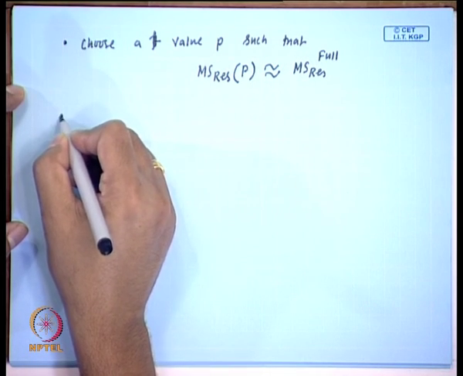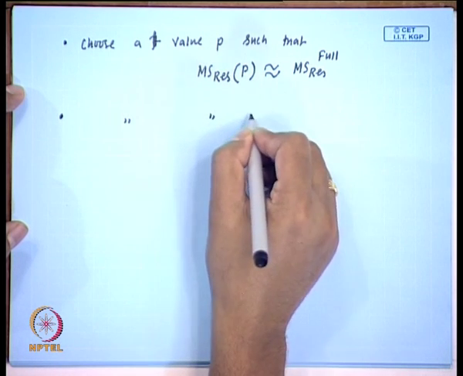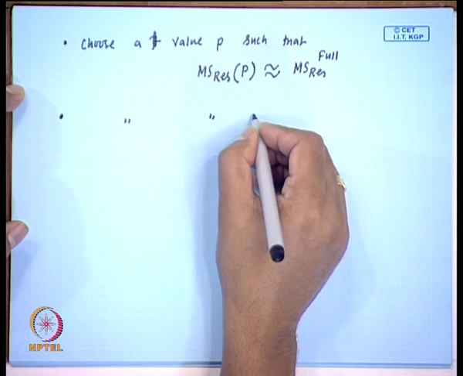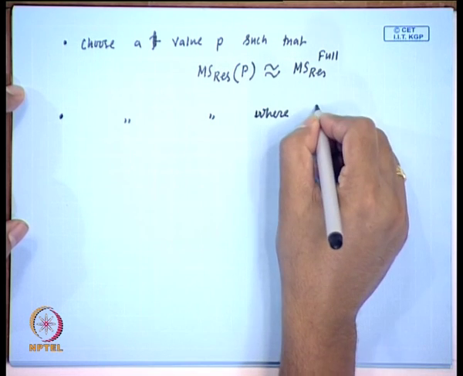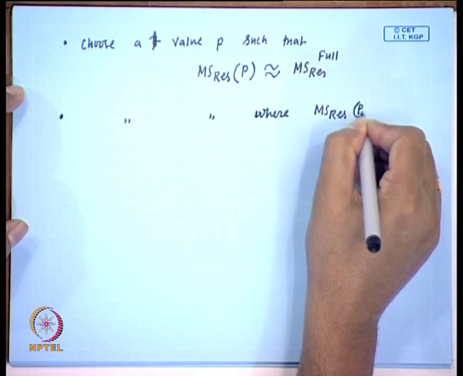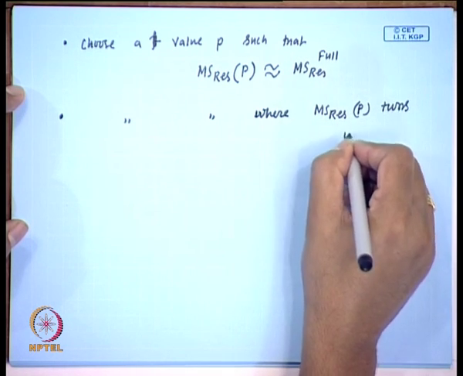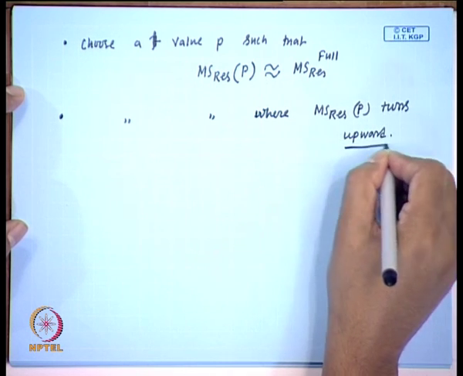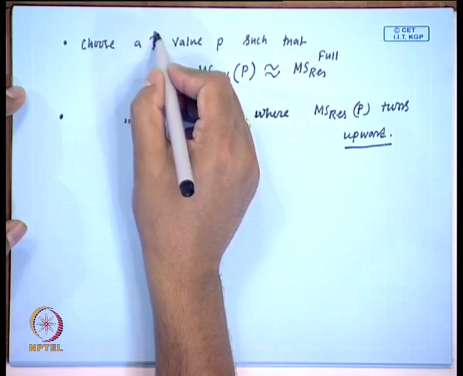Or we choose a value of p where MS residual p turns upward. So, here these are the selection criteria.